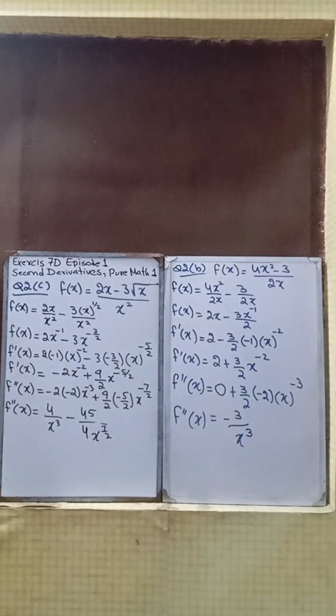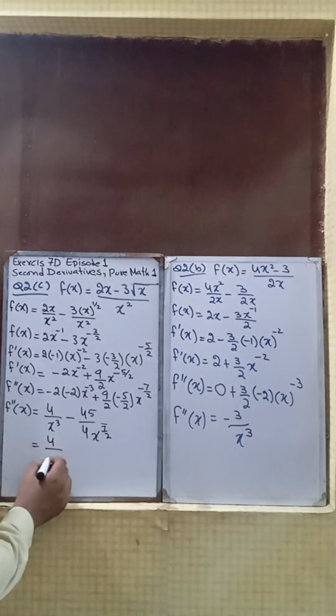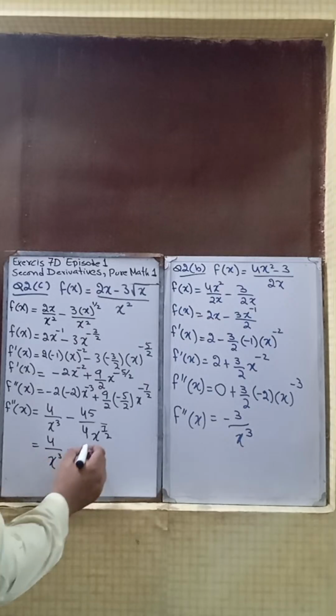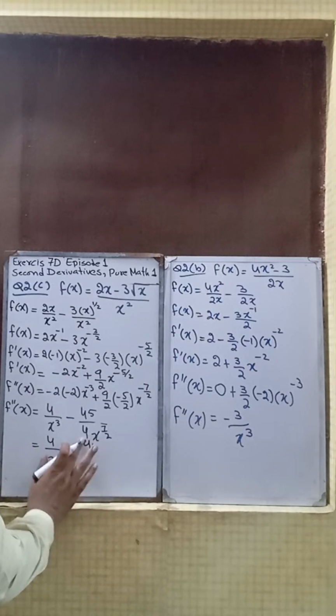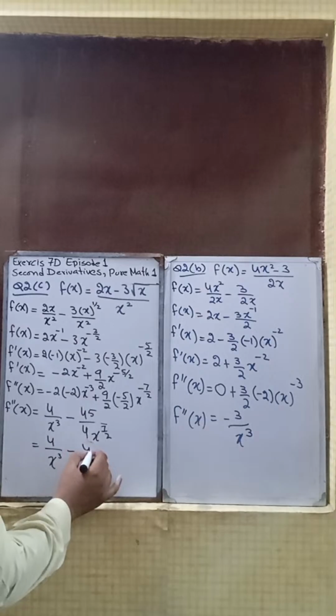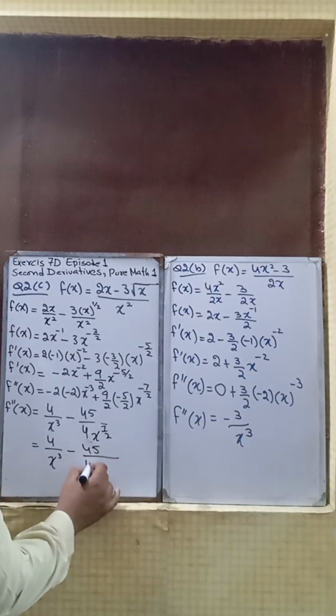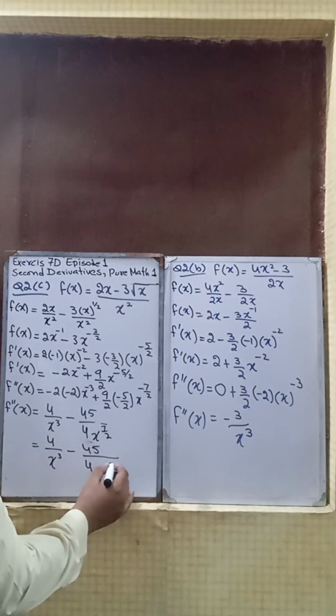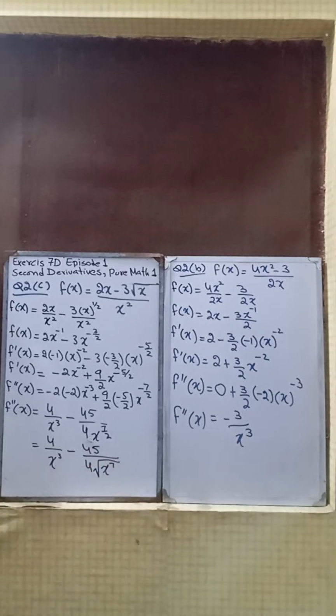Okay. So in the answer, they have written it in this form. They have written 4 by x cube minus 45 by 4 x raised to power 7 and a radical sign on it. They have written the answer in this form.